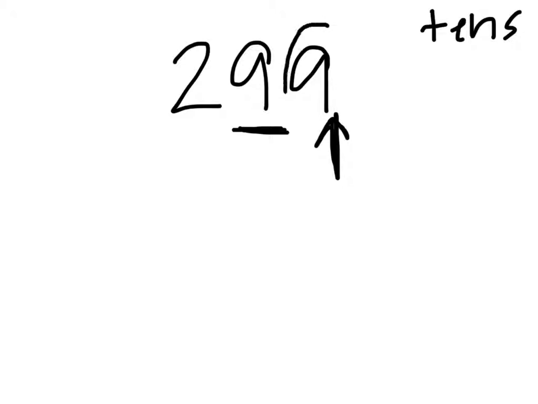The last example we're going to do is, what if you have the number 299 and it says round to the tens place? Well, here's my tens position. I look at the ones place next to it, and this 9 is bigger than 5. So my tens place has to go up.